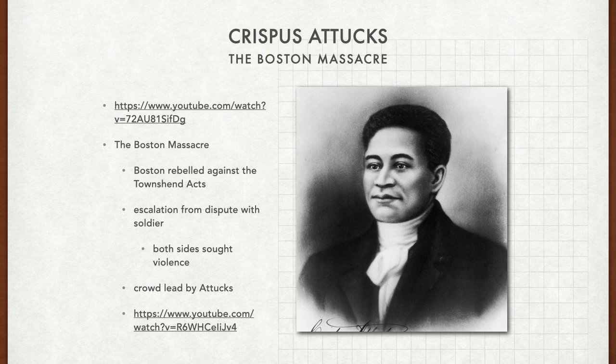Propaganda fueled the anger of the colonists, particularly after the death of an 11-year-old boy, Christopher Seider, who was killed by a customs employee on February 22nd, 1770. So an 11-year-old kid was killed, and the Bostonians were furious, right? So this sort of escalated things towards the massacre.